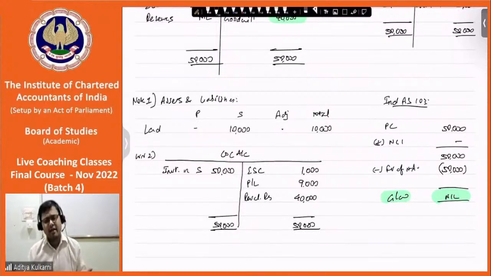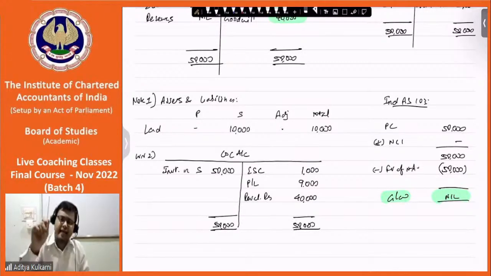Is it going to really matter whether I show it in revaluation reserve or in P&L? It does not matter, because ultimately the movement is happening before the date of acquisition. And when the movement happens before the date of acquisition, there is only one place where the pre-acquisition movements have to go. That is the cost of control account.